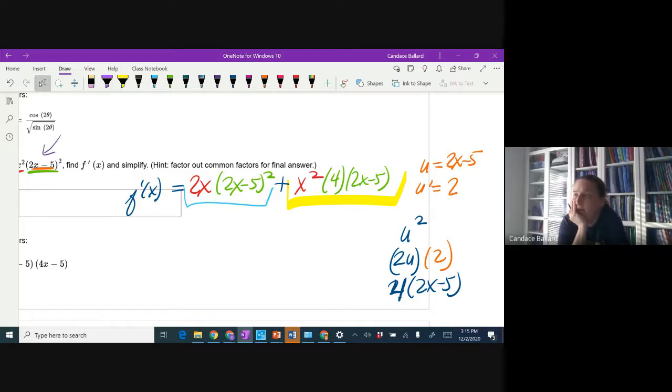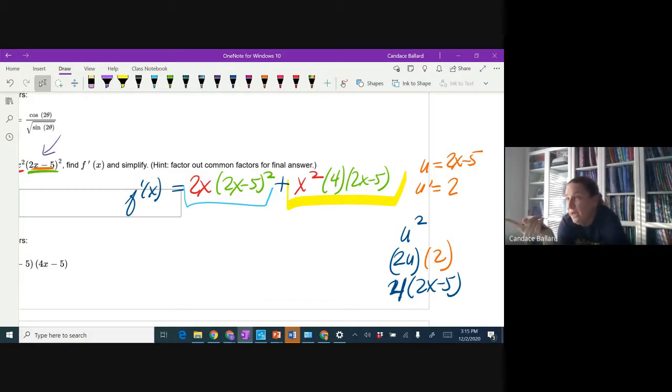Even if you don't get them all, give me an idea. Okay, I like the 2x minus 5. That's really good, Marissa. Cynthia sees an x. Is there anything else we see? It's a little bit more hidden. Look at your coefficients, not the square.